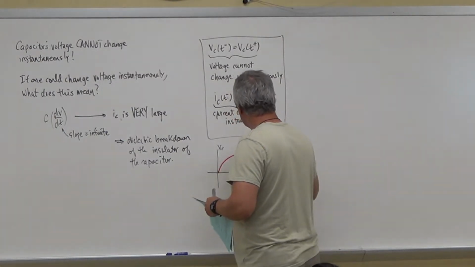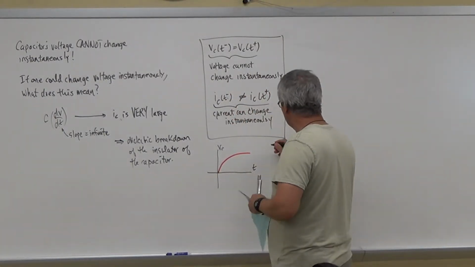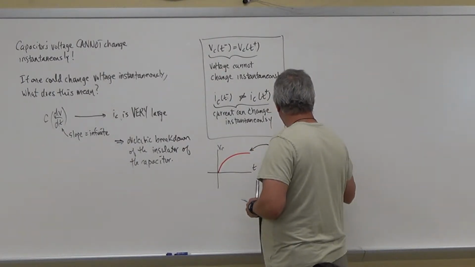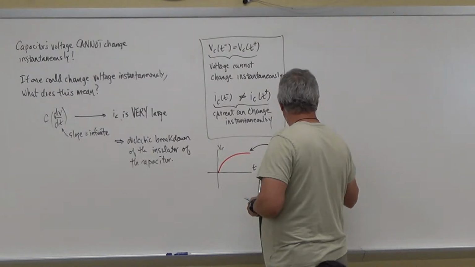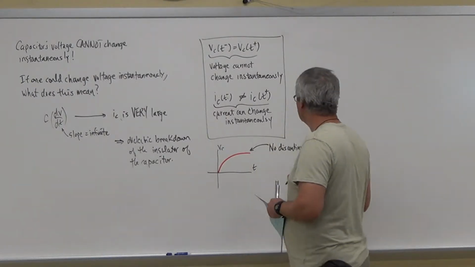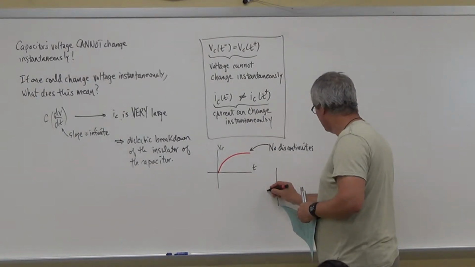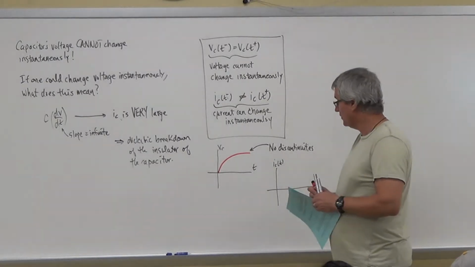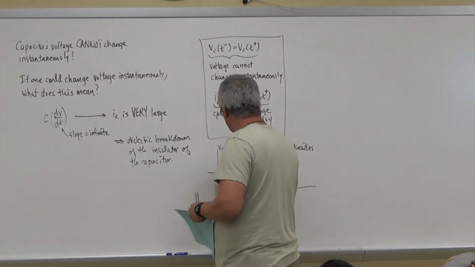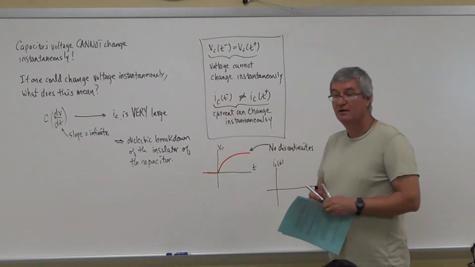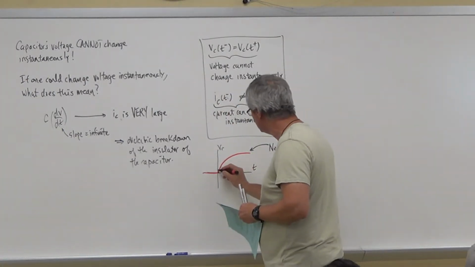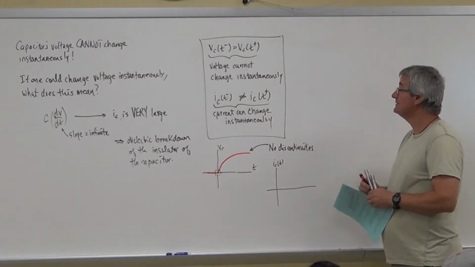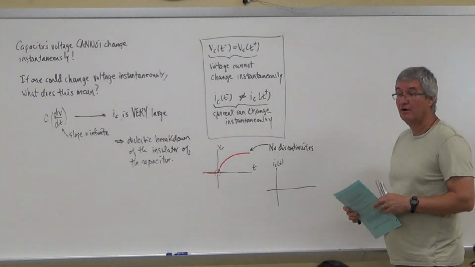So it's going to look like this, and there are no discontinuities. But if I plot the current, I should be careful here. If I'm talking about an uncharged capacitor, it looks like this. Even when the switch is thrown, you get this behavior where they're connected. That is not true of the current of a capacitor.